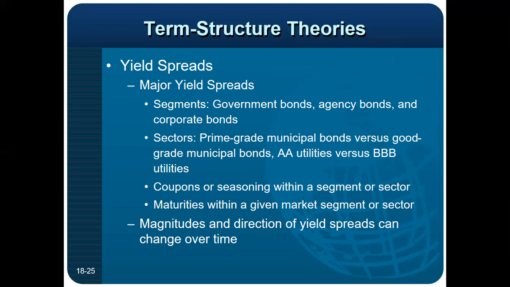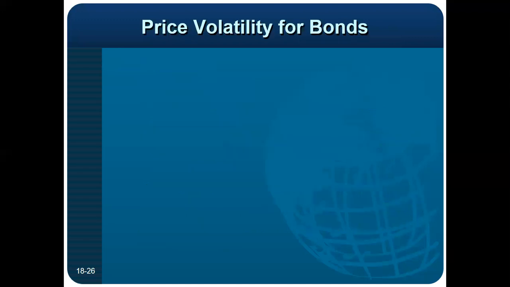Prime grade is good, but good grade municipal bond is also good. Both bonds are good, but it depends on people who are going to choose what types of bond they want to invest. Coupons, seasoning within segment or sectors, maturities within a given market segment or sectors. So magnitudes and the direction of the yield spread can change over time.